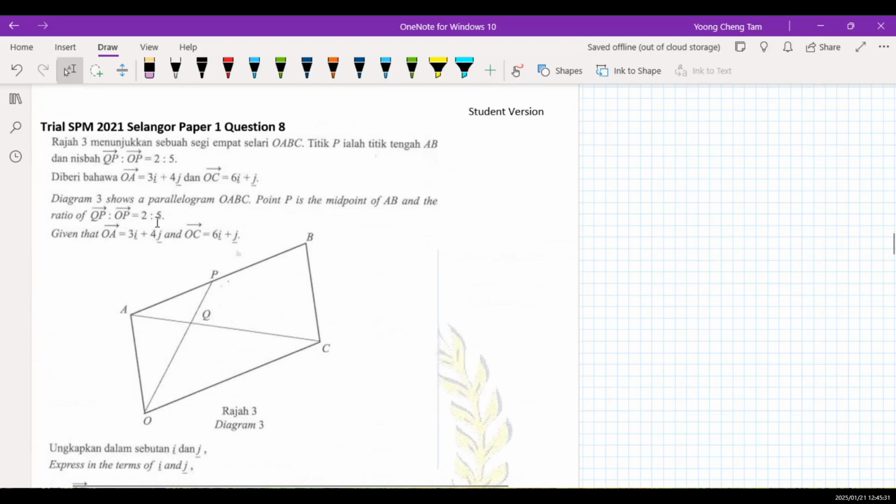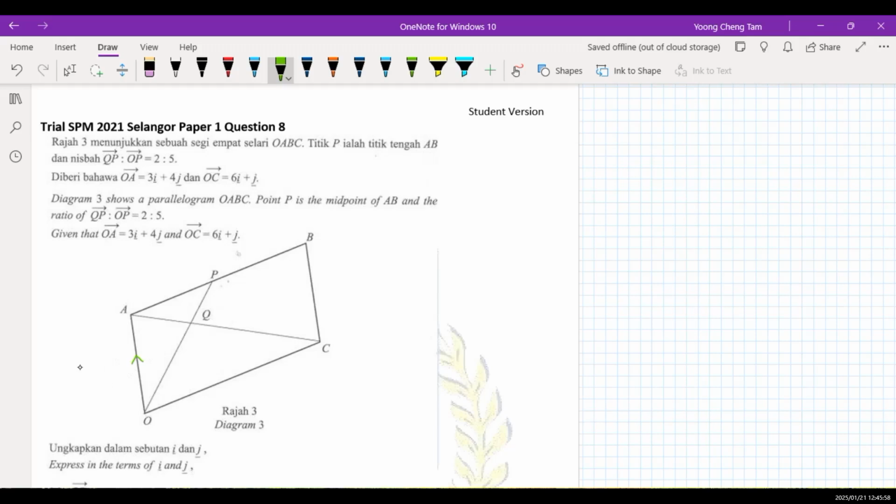Later, if the vector is talking about QP or OP, we need to use this information to find the vector. Continue. Given that OA is 3i plus 4j. You can label on the diagram first. For OA, make sure you put an arrow to show the direction, because for vectors, the direction is very important.